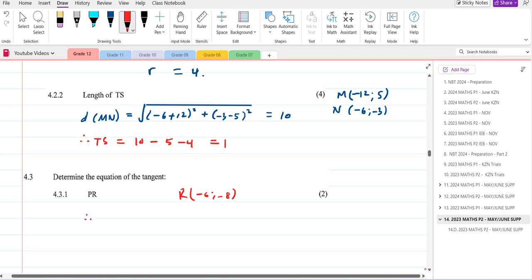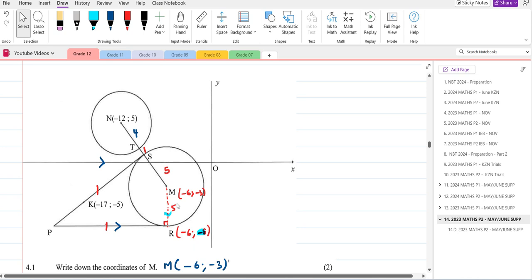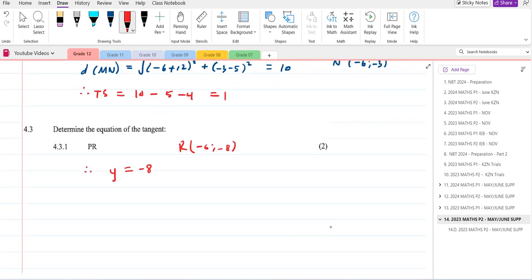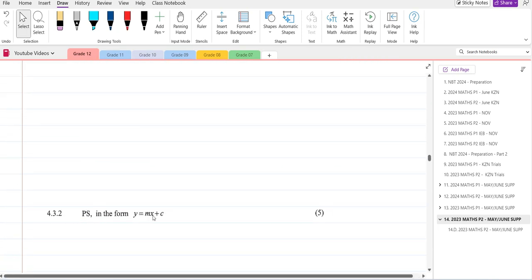Therefore y is equal to negative 8, because we just dropped 5 units down. Remember, MR is equal to MS, those are radii. We should write that down. MR equals MS, that's radii. Let's continue with the next problem. I think we got enough information there.